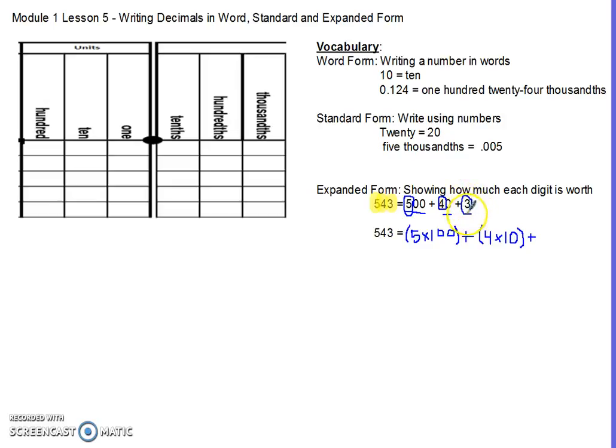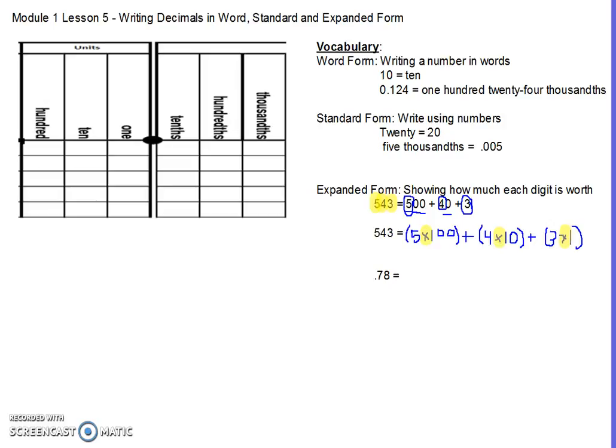And here I have 3 copies of 1. So I would write that as 3 copies of 1. So what you're finding is these multiplication signs really mean how many copies of something that you have.